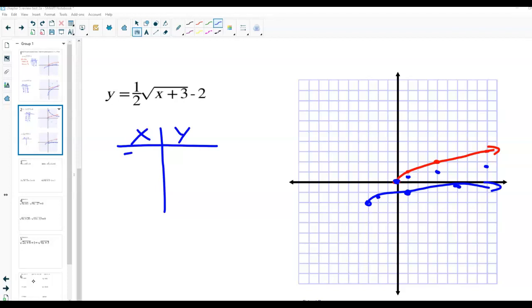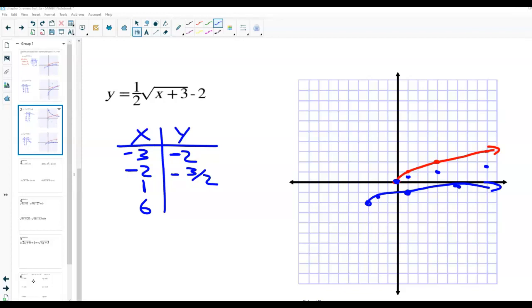Negative 3, negative 2, 1, and 6. The radical is 0, we're left with negative 2. If the radical is 1, 1 half minus 2 is negative 1 and 1 half, negative 3 over 2, negative 1.5, however you want to write it. 1 plus 3 is 4.